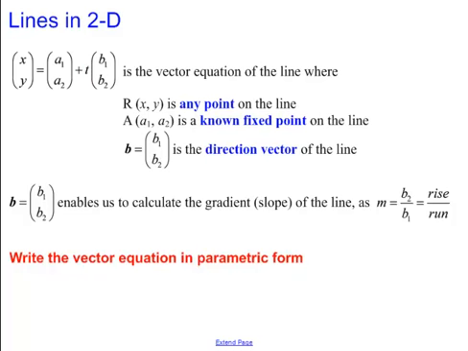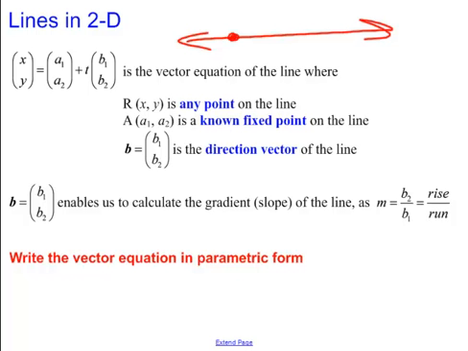So we can find any point R along this line, any point on that line. A1, A2 is a fixed point. That's that starting point. And then the B1, B2 is the direction vector, which direction it's physically going to go. T again is going to be that multiplier.